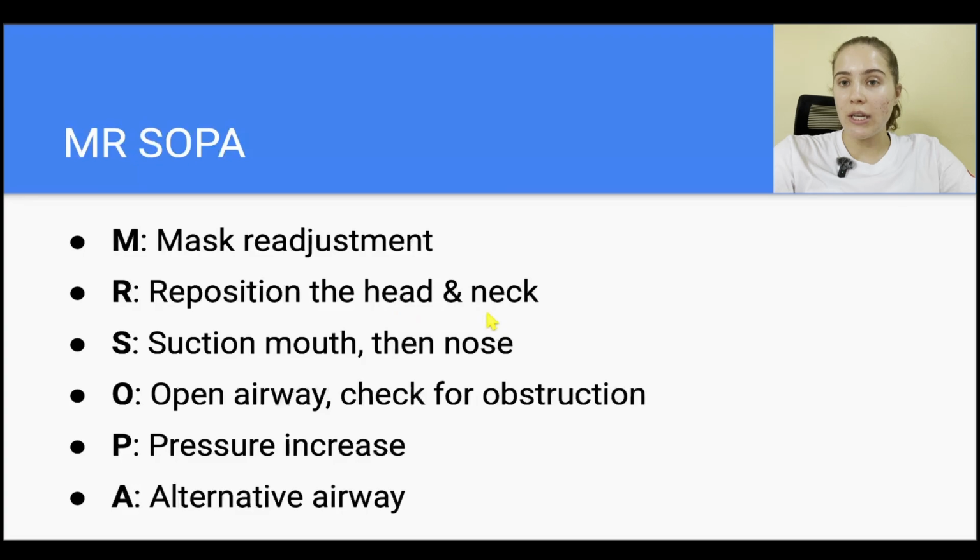So maybe the baby's chin was on their chest and they need to be more in the sniffing position, or their neck is more extended. S stands for suctioning. You do the mouth and then the nose. O is open the airway, check for any obstruction. P is pressure increase for your oxygen. And then A is alternative airway.